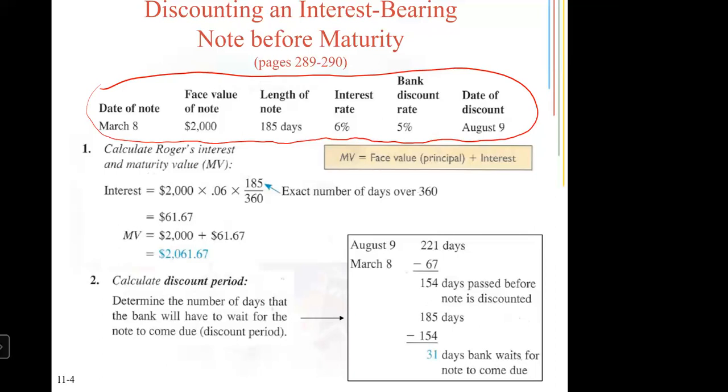Because the bank is going to charge interest on that time period. The bank is not having it for the full 185 days. They're going to have it from August 9th until the date that the note matures. So on August 9th, if you use that calendar, which is found, I think, on page 189 of your book.